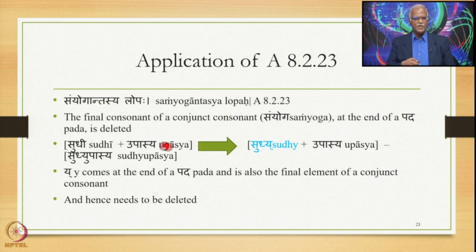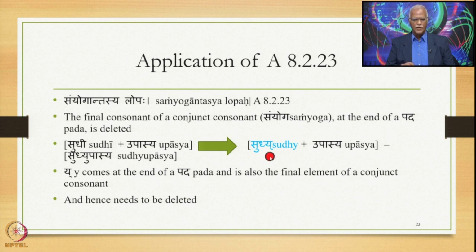So in case of Sudhi and Upasya, this is a compound, therefore both these words, they are the padas. So this i comes at the end of a pada, and now we apply 6.1.77 Iko Yanachi and derive the output in the form of Sudhya Upasya. Now this ya comes at the end of a Purva pada, and this is also the second member of the Sanyoga, the dh and ya.